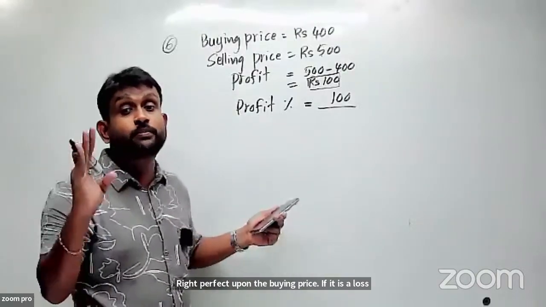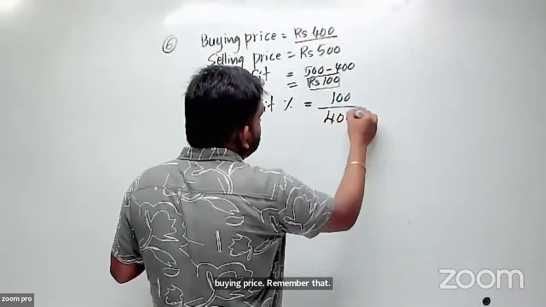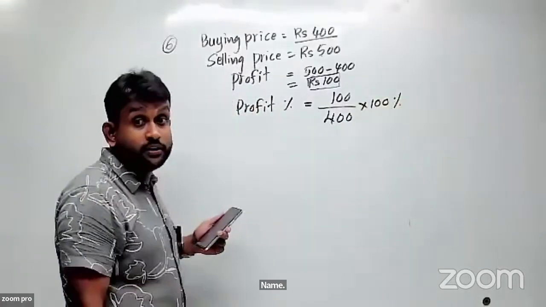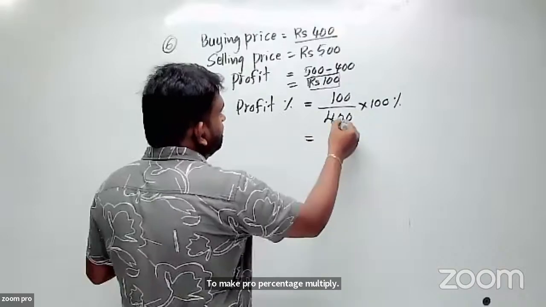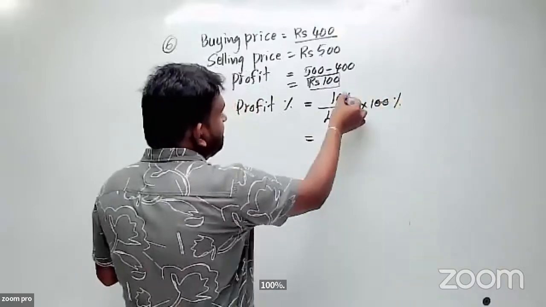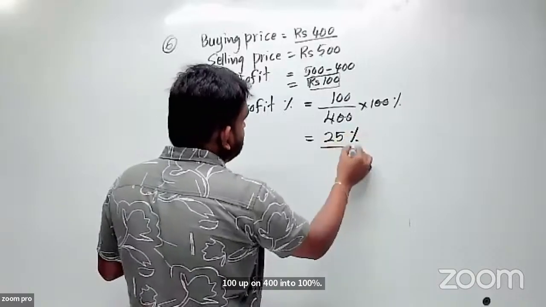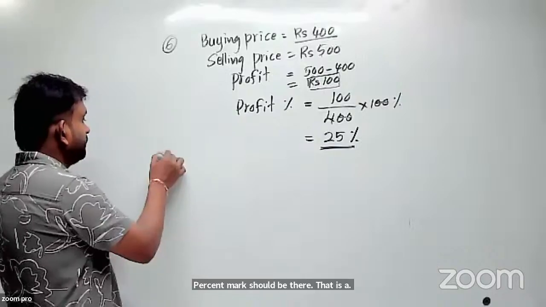Always the buying price. Remember that. What is the buying price? 400. Then to make a percentage, multiply with 100%. 100 upon 400 into 100%. Two zeros cancel, then 100 divided by 4 means 25%. That is the percentage.